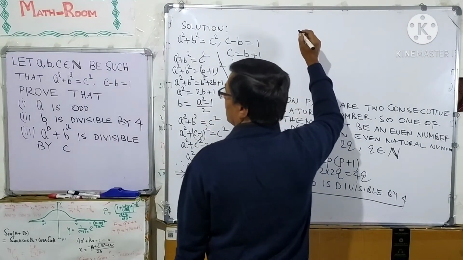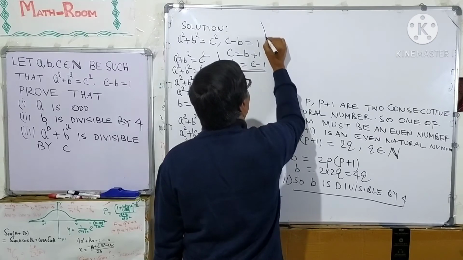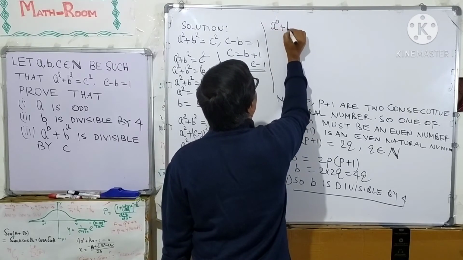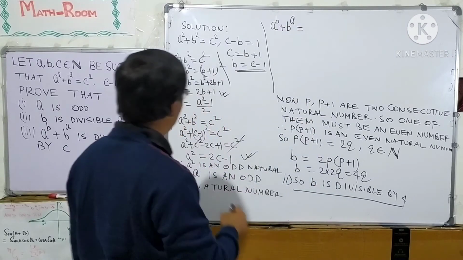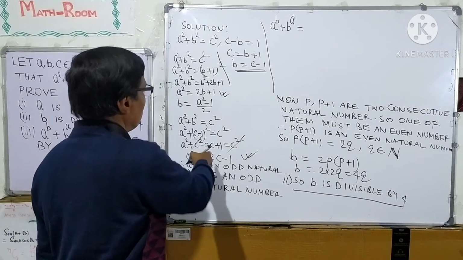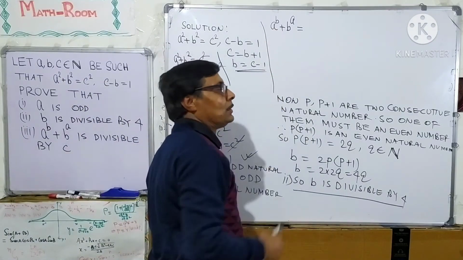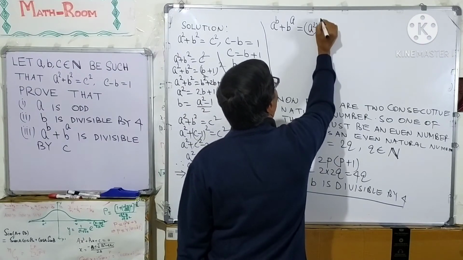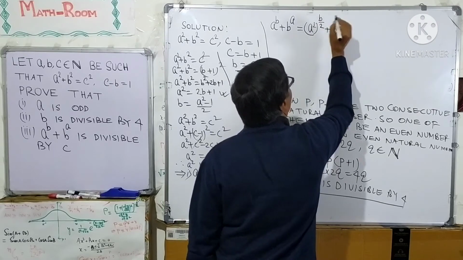Now, a to the power b plus b to the power a. We have already got a square equal to 2c minus 1. So we can write a to the power b as a square to the power b over 2, plus b to the power a.